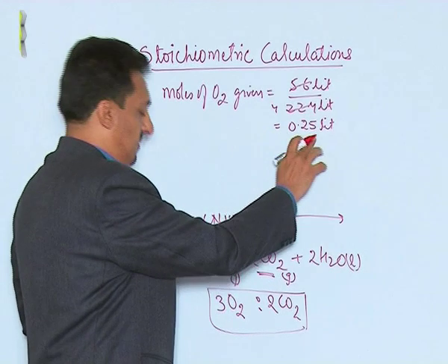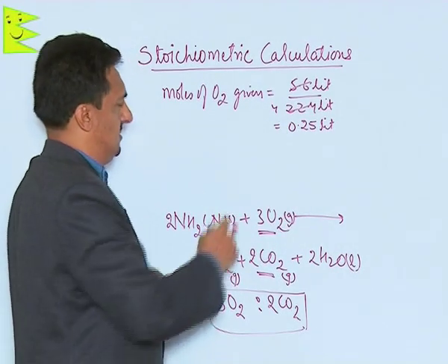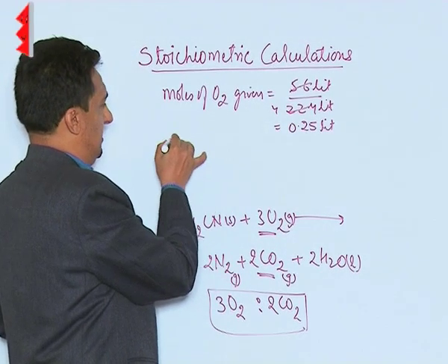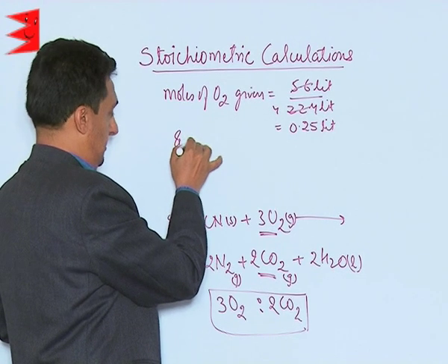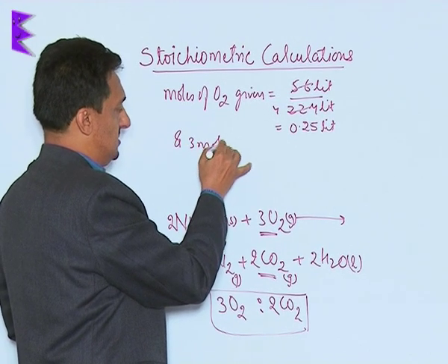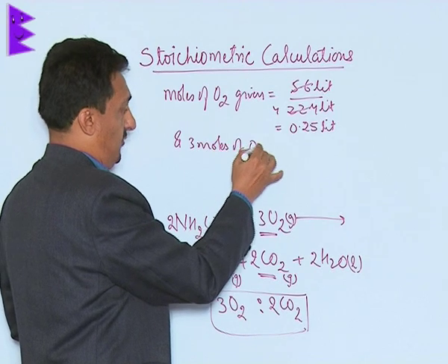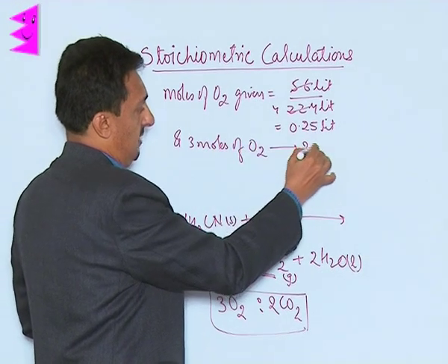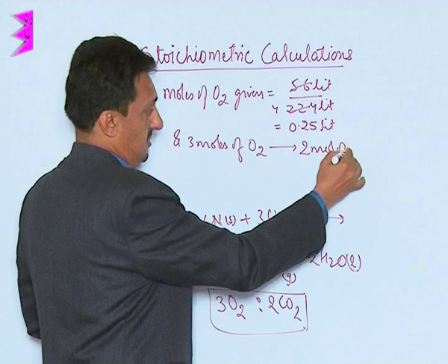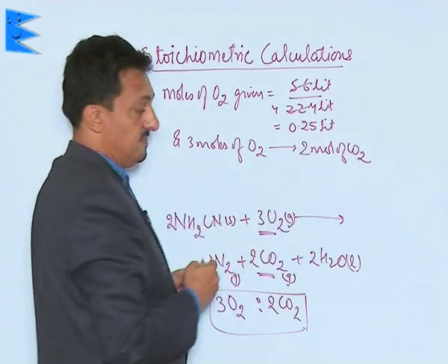Now, once we are given 0.25 moles, you must know this, that 3 moles of O2 gives 2 moles of CO2.